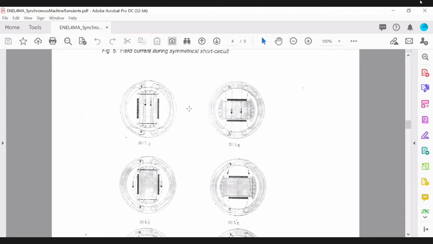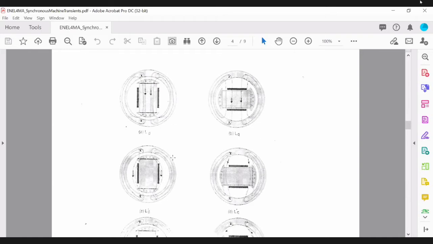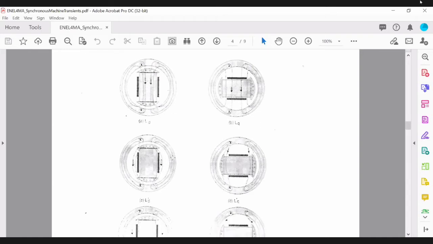You find that the rotor circuit is participating in the flux path of the machine, and in the subtransient period, you find that the flux is now mostly passing in the stator iron and slightly along the rotor surface, right?